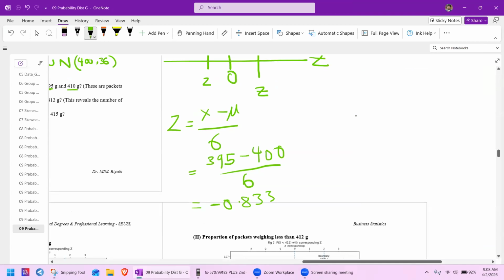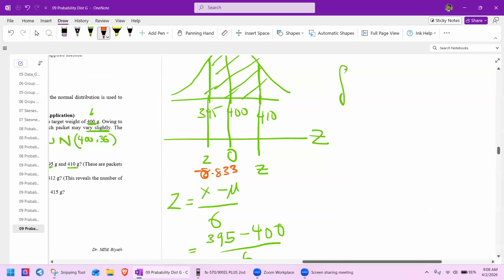Okay, now we mark this value. Here 0, and here minus 0.833. And now we convert the value 410.